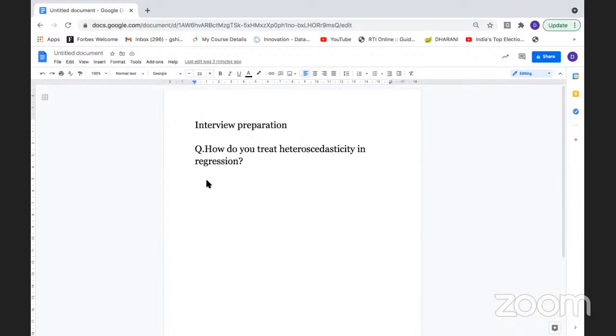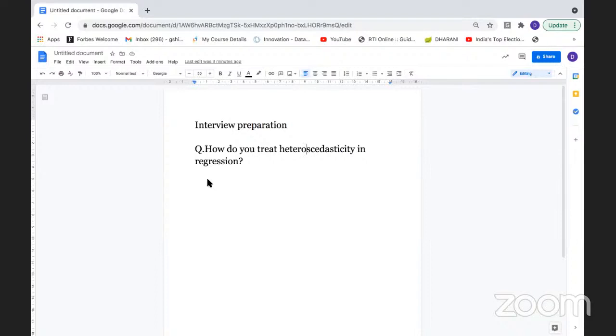Pure heteroskedasticity refers to cases where we specify the correct model and still observe non-constant variance in our residual plots.